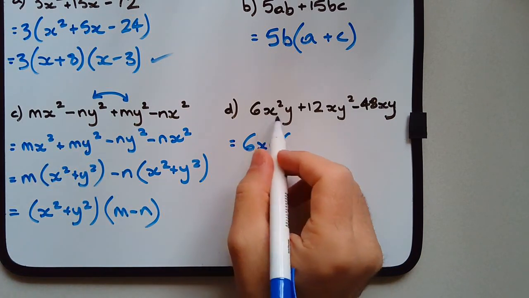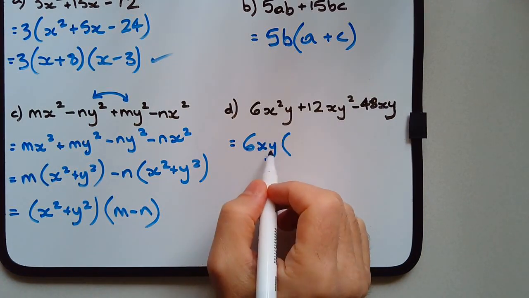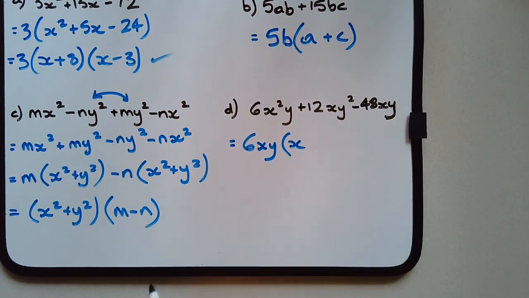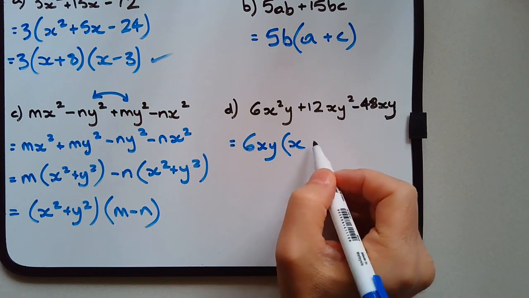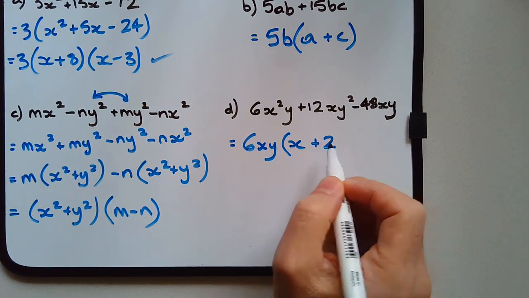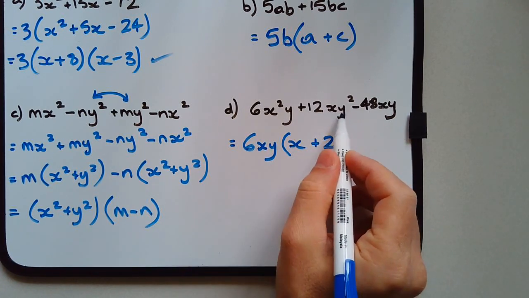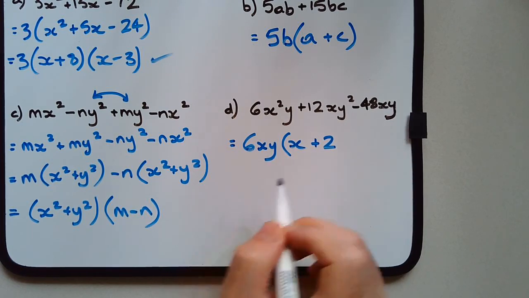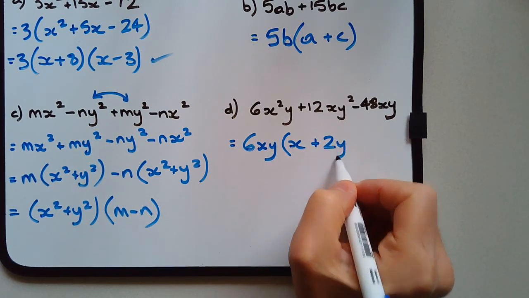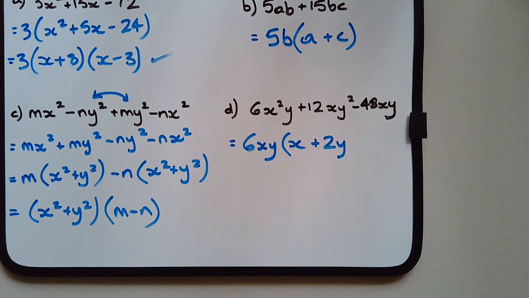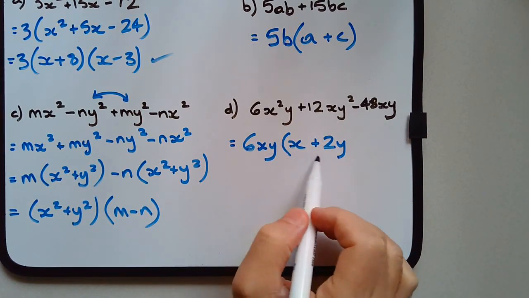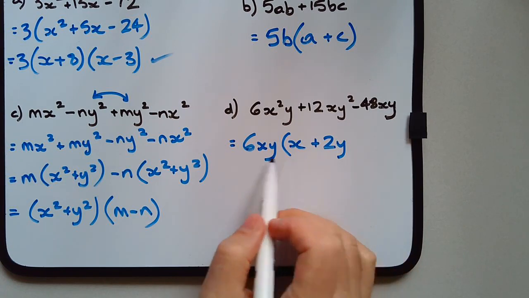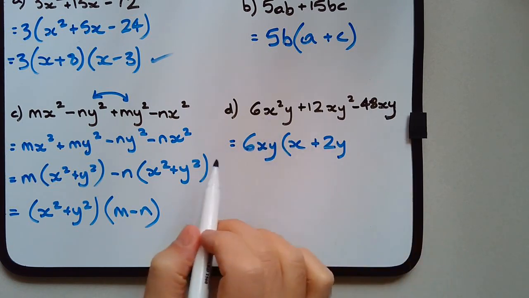Okay, and let's see what's left behind, the remnants that are left behind in the brackets. So 6x squared y, if we divide it by 6xy, we end up with x inside the brackets. Now 12xy squared, okay, we have a 2, so plus 2. We've taken an x out, but there's 2 y's, y times y. One of the y's is already outside, and one of the y's is left behind inside. Okay, so as you factorize this and work out what's inside the brackets, you can multiply it back and make sure you get the term that you start off with.